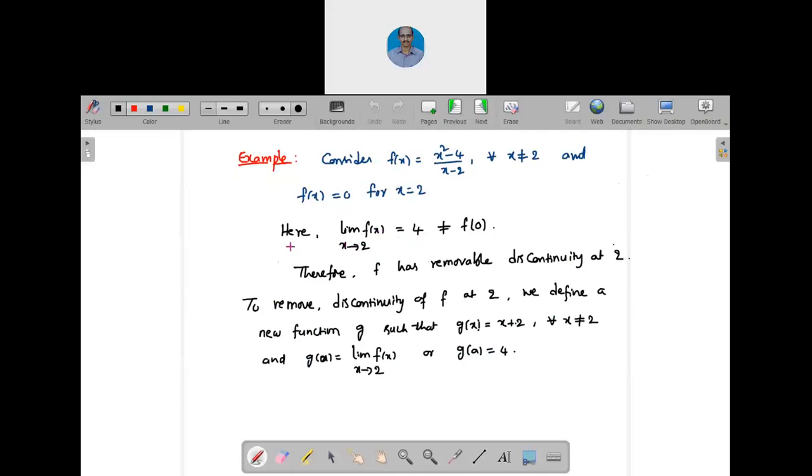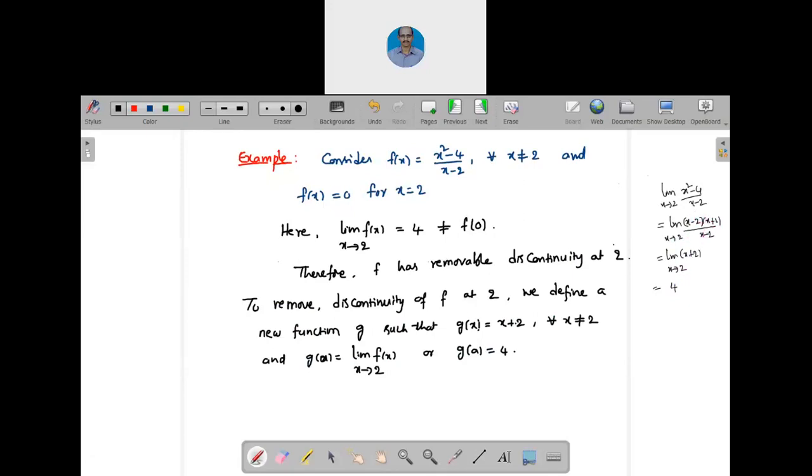Because the limit of x square minus 4 by x minus 2 while x tends to 2 is equal to the limit of x minus 2 into x plus 2 by x minus 2 while x tends to 2, which is equal to the limit of x plus 2 while x tends to 2, that is nothing but 4.